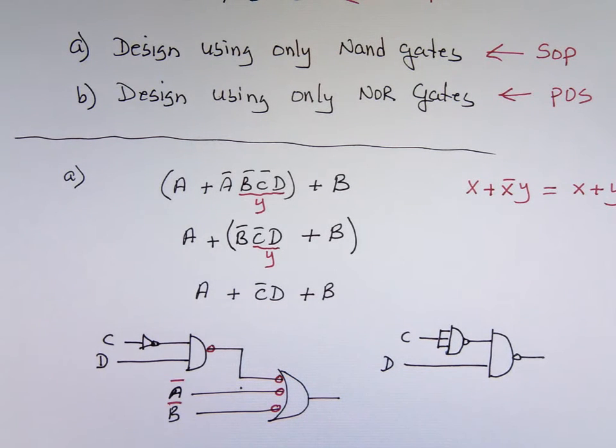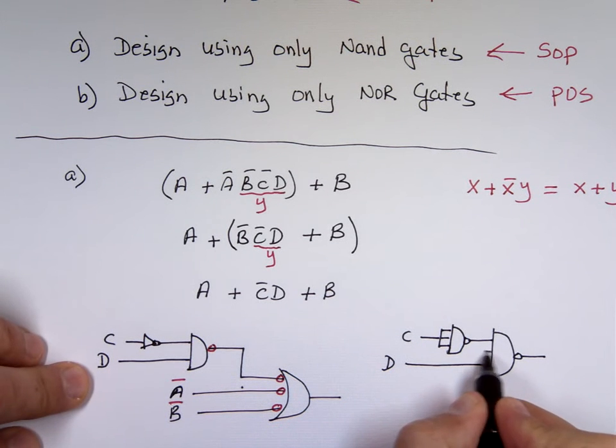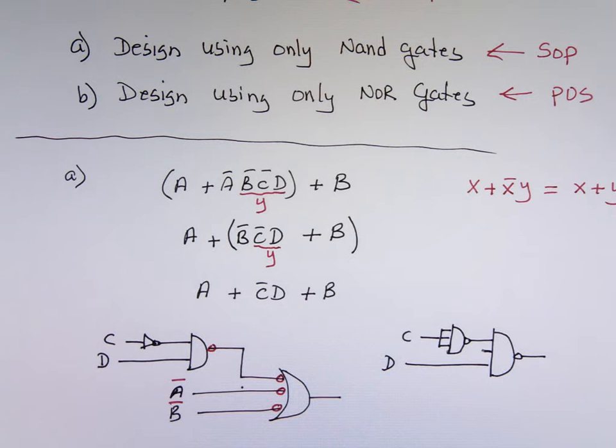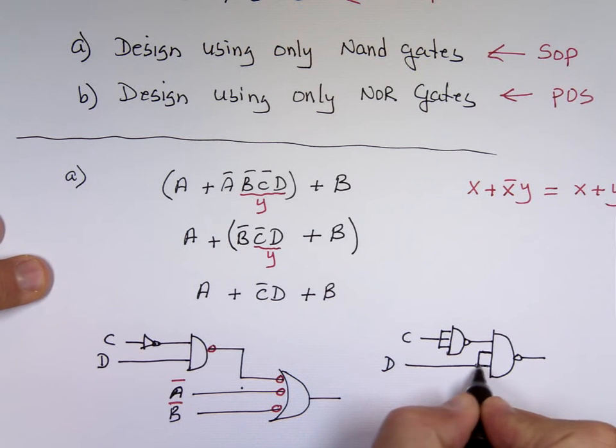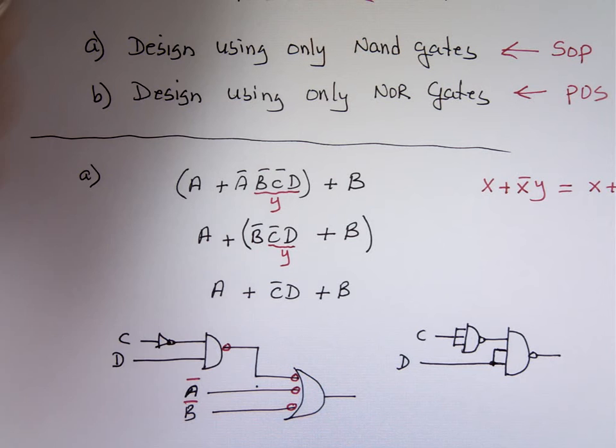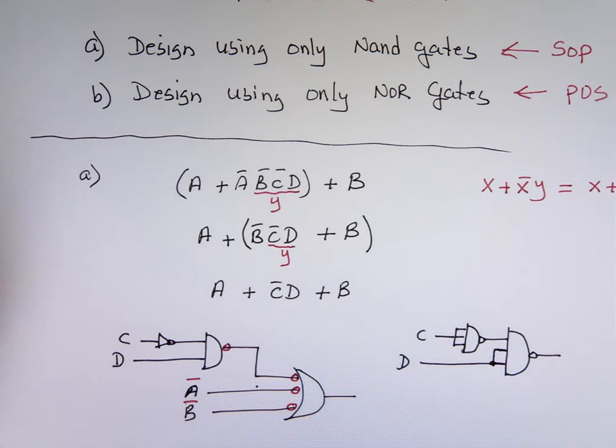There's 3 inputs. Attach these guys together. It's not going to change anything. You can attach it to the top one, it doesn't matter which one you attach it to. Now you can take a 3-input, even if you have 2, and make a 3-input out of 2 almost.